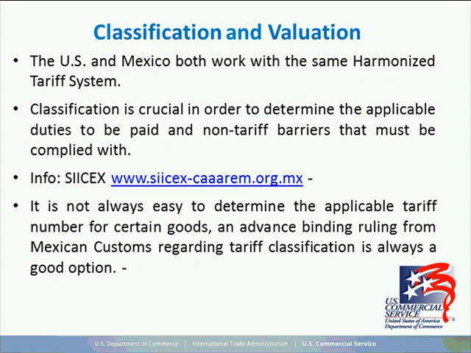And one of those mechanisms created by the new law to make these things easier is to avoid limiting certain ports for the importation of goods. But again, your Mexican customs broker is for sure aware of these changes and can tell you exactly the ports that you can use to import those types of goods.